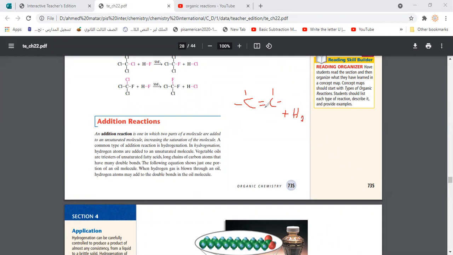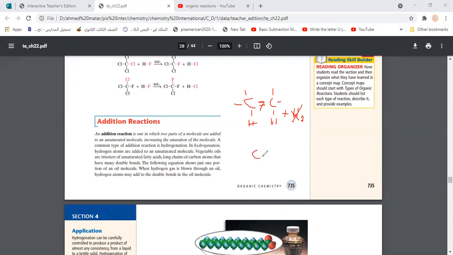We find this double bond is a weak bond, so it is easily broken. Once it's broken, this carbon now has a free bond, and this carbon also has a free bond, so each one will get one of these two hydrogens. In that case, we changed the ethene into ethane, from alkene to alkane. Why? Because we already broke the bond, and now the bond between the carbon atoms becomes a single bond. So we convert it from unsaturated hydrocarbon to saturated hydrocarbon.